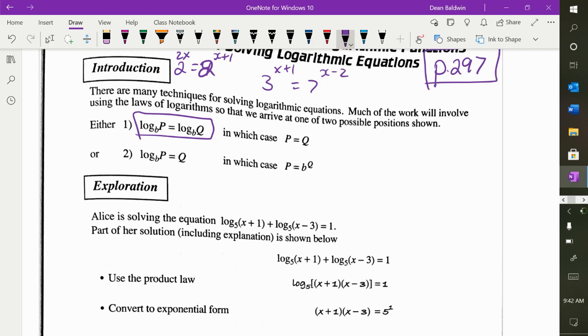As long as you get this log base b and log base b, if you make the bases the same and it's a log equaling a log, all you have to do is equate the arguments. Okay?